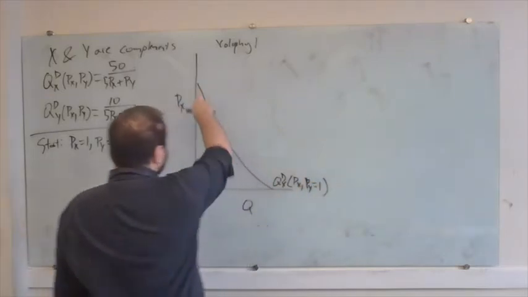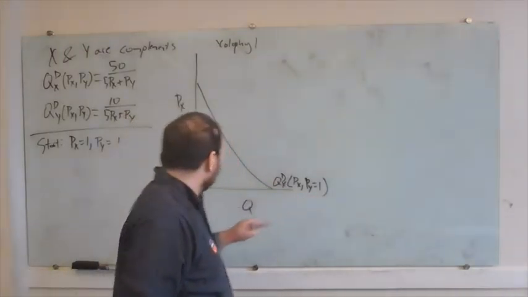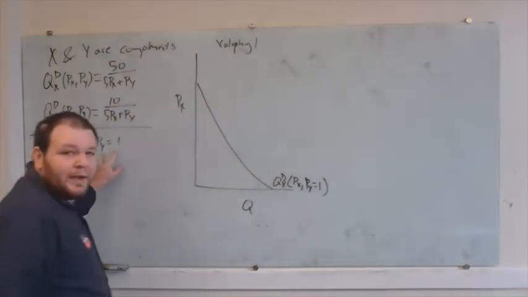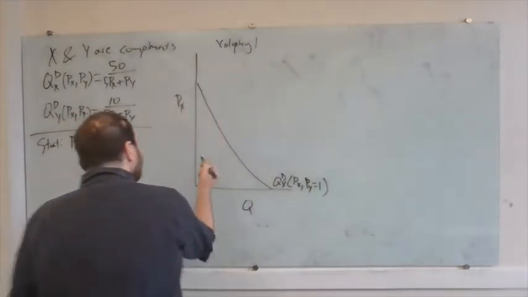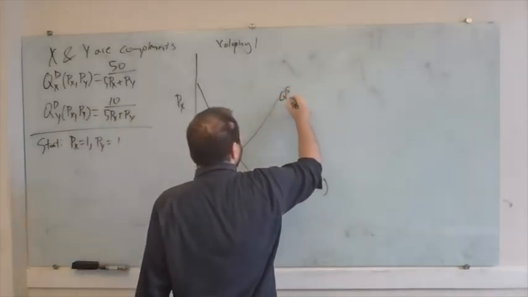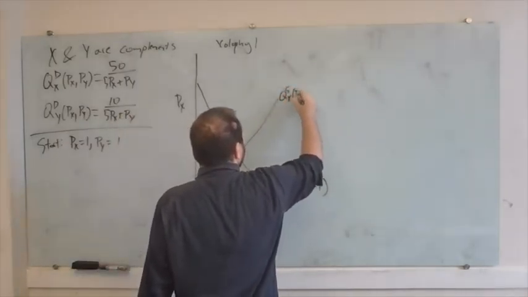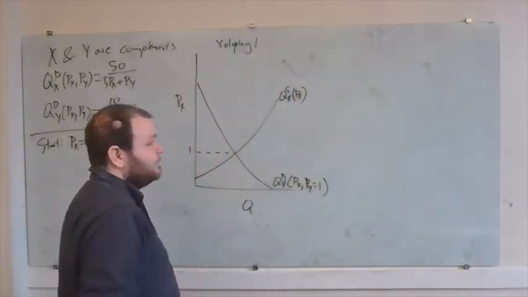It's going to show us how much Zolifil we're going to buy at any price px, given that the price of Yeslinti is held constant at 1, along with our income and our preferences and all the other stuff that affects demand. And then I'll just draw some upward sloping supply curve that just depends on the price of Zolifil. And we'll say that we're in equilibrium at a price of 1.